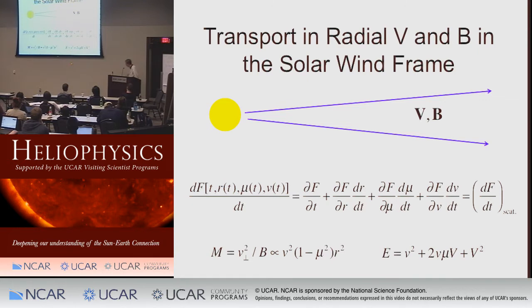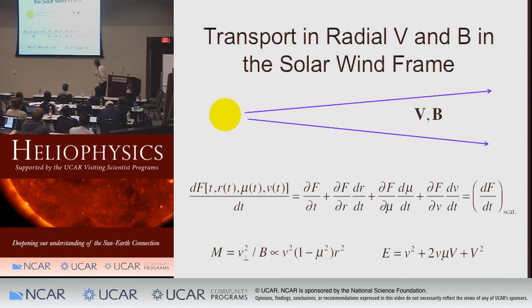And you've probably heard of the magnetic moment. Again, I'll do non-relativistic just for simplicity here: V perp squared over B, where V perp is the velocity component perpendicular to the field, is a conserved quantity under these circumstances. And this is the quantity, for example, which shows you that when a particle moves into a region of larger magnetic field, it also goes to larger V perpendicular, and eventually it can mirror and come back, okay? So that's the quantity that's conserved.